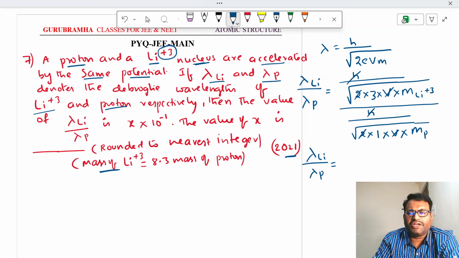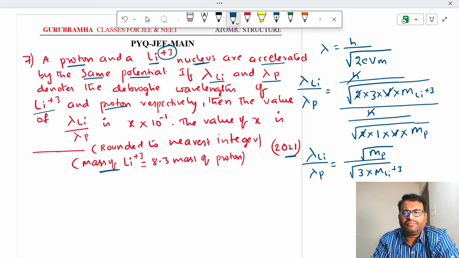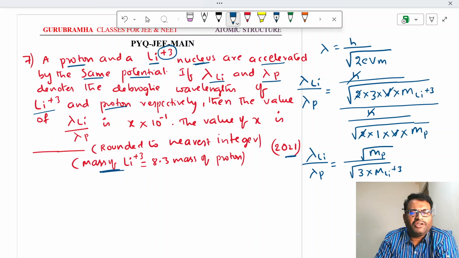right? Then what do you get? 1 by root 3 into mass of Li plus 3, here root mass of proton. So the relation between them: mass of Li plus 3 is 8.3 times the mass of proton. Then what do you get?